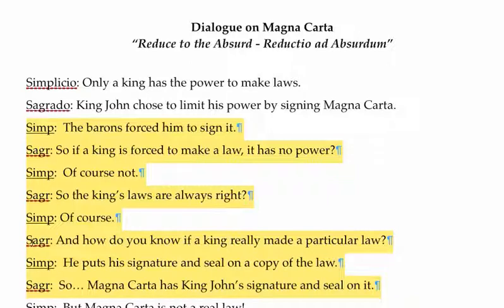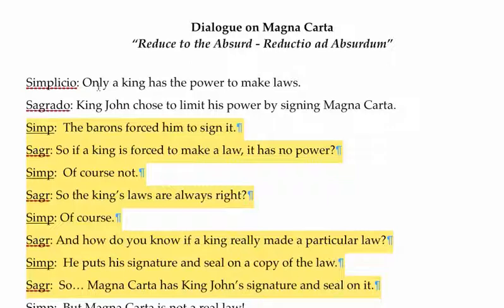But then Sagrado says, how do I know if a king has really made a particular law? And Simplicio points out that he puts his signature and seal on a copy of the law. And Sagrado, as our textbook tells us, and as Sagrado tells us here, Magna Carta has King John's signature and seal on it.